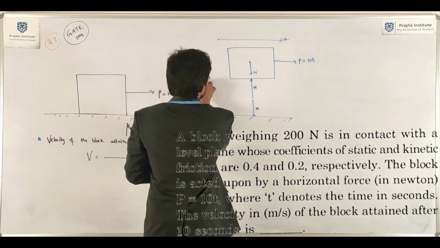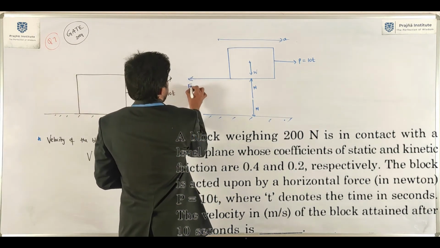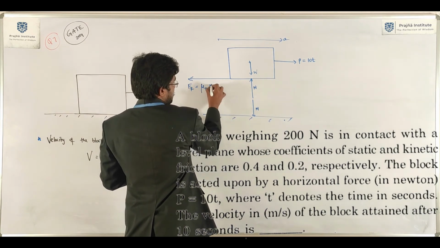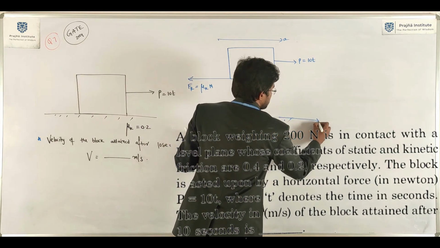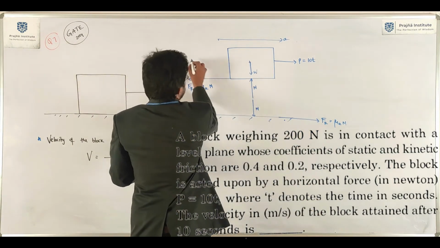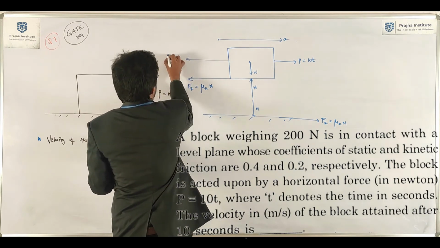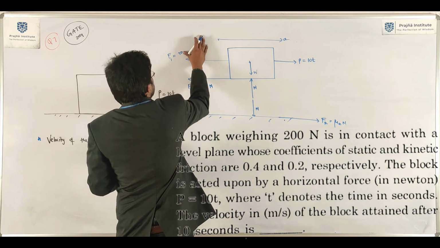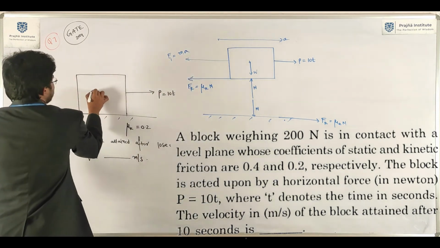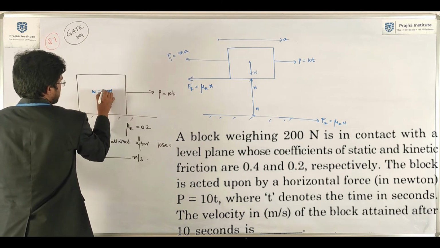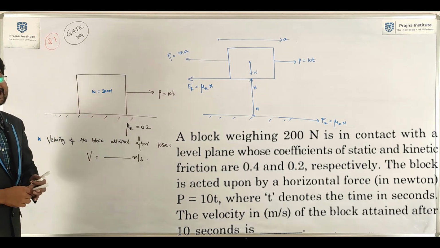Frictional resistance is always opposite to the direction of motion. Kinetic friction into normal reaction: frictional resistance equals mu k into N. Inertia force will come here, inertia force equals mass into acceleration. The weight of the block is given as 200 Newton.